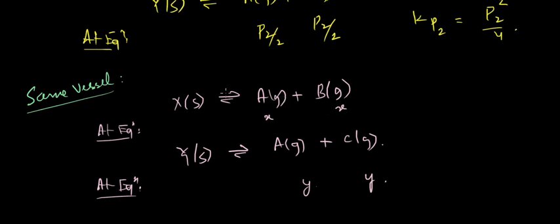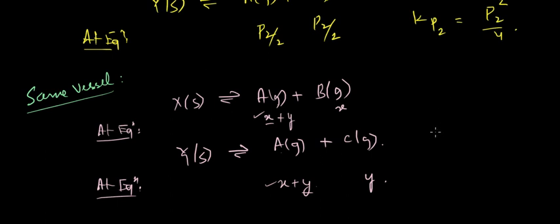As they are in the same vessel, the partial pressure of these two gases must be equal, hence we add X plus Y here and Y here and X here. As both of them are in the same vessel, the total partial pressure of A would be X from the first reaction and Y from the second reaction. Hence we are adding Y from the second reaction to the first reaction and X from the first reaction to the second reaction. So the total pressure of A would be X plus Y, for B it would be X, and for C it would be Y.